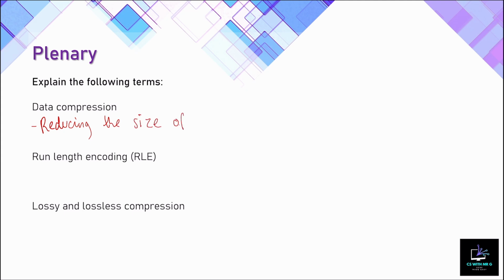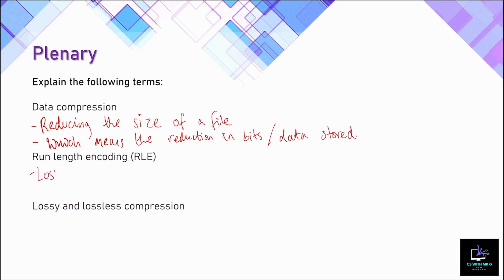So reducing the size of a file, which means we have to reduce the amount of data stored, which means the reduction in bits or data stored. Run length encoding was a lossless compression technique, which looks for repeating patterns in data.